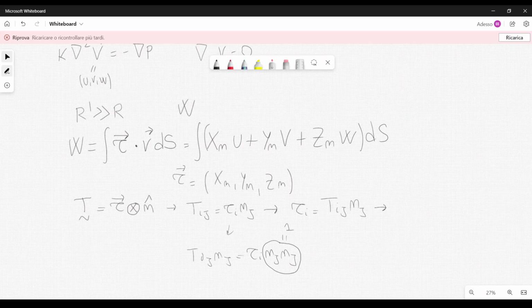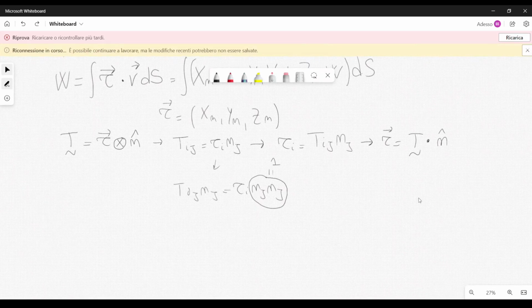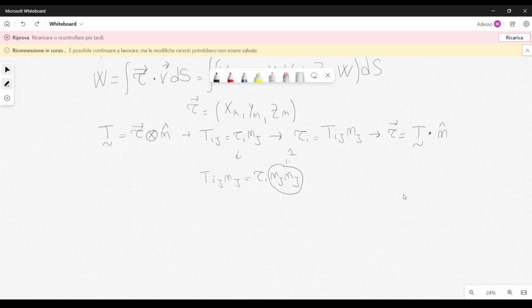And therefore, we get that tau is equal to the tensor T applied to n. If you want, we take the dot product with n, but this is just matrix multiplication. It's a matrix multiplying a column vector. We can see that also as a dot product. So it's as if we were projecting the tensor T on the normal, let's say.